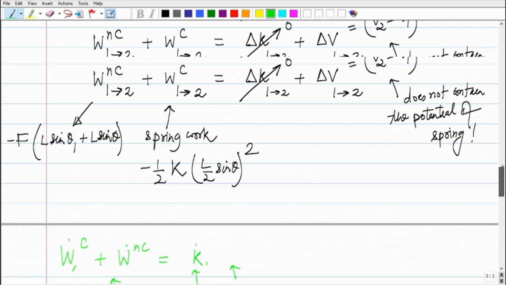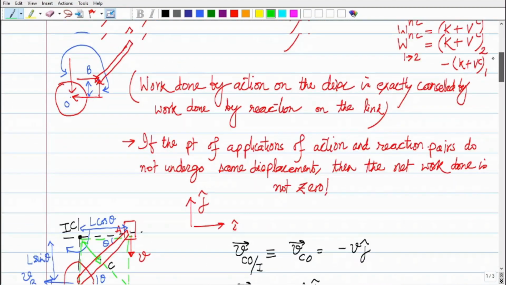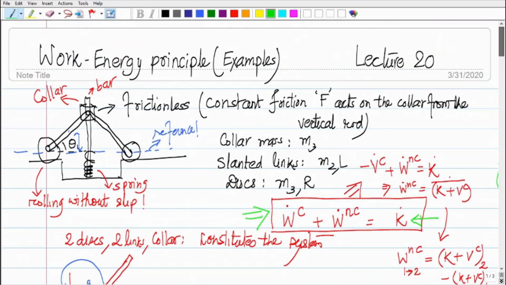And what is theta dot? Just look at this picture. Theta dot is nothing but omega of the link, right? Theta defines the orientation of the link, so theta dot is simply omega of the link, and we had found out omega of the link.